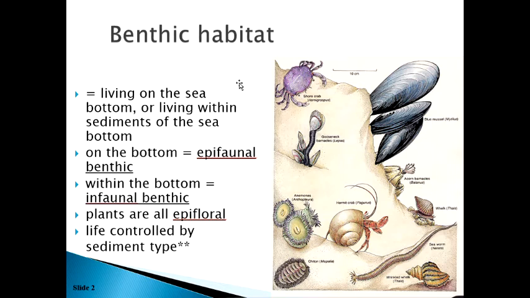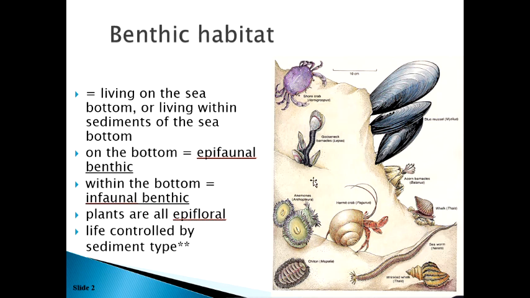If we have organisms that live either on the bottom or burrowed into it, we call those benthic. And if they're on top, like all these creatures are here, they are epifaunal benthic. So epi, on top, faunal, animal, benthic. So animals on top of the bottom of the ocean.